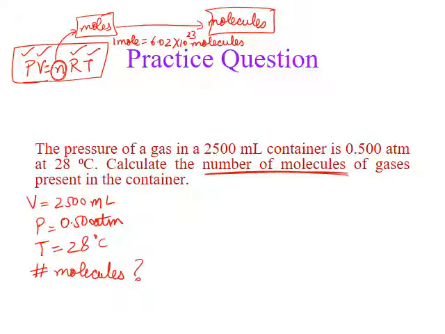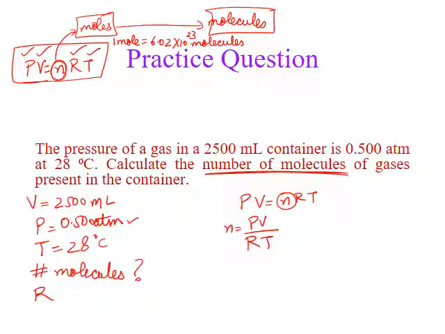So now let's see what we can use for the ideal gas law. Pressure is given, 0.5 atm, volume is given. PV equals nRT. I am solving for n, so n will be equal to PV divided by RT. Pressure is given in atm, volume is given in mL.